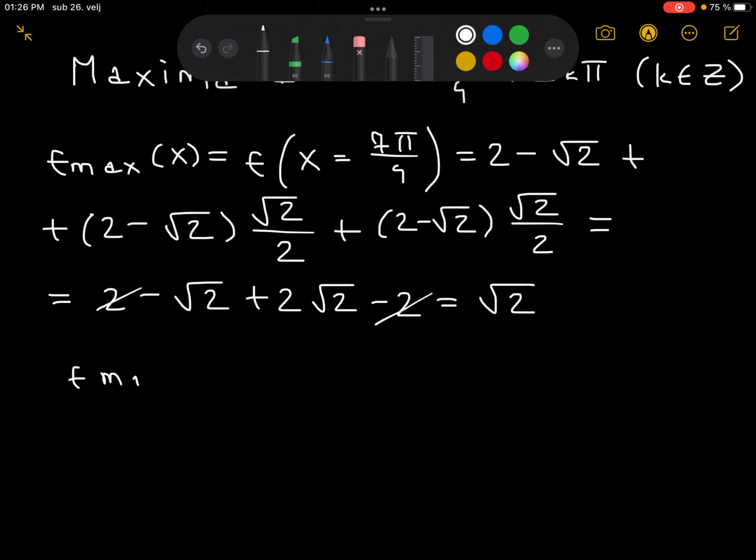So f max of x is equal to square root of 2.